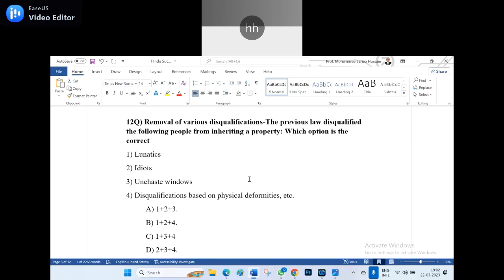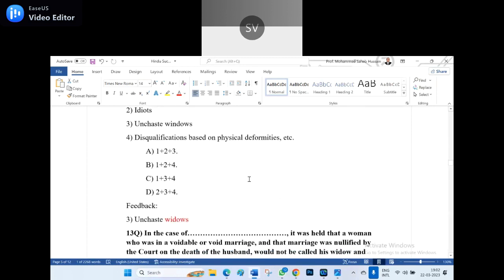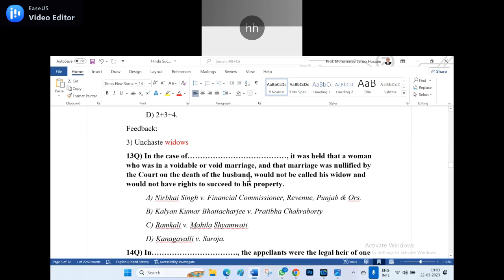Who are they? Widows. I thought whether you could get it out or not. Unchaste widows, not windows. See, I would like to see as many angles as I can, so that my students, without knowing the answer, can shoot it.